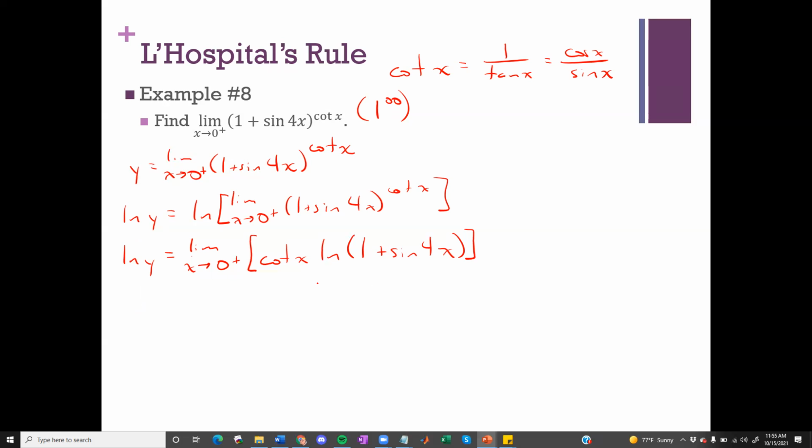But how can I handle the limit inside these square brackets here? Gordon?